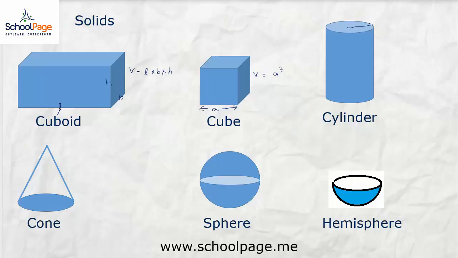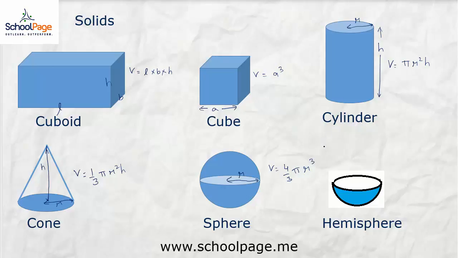Suppose R is the radius of the cylinder and H is its height, then the volume of the cylinder is given by pi r square H. If R is the radius of the cone and H is the height of the cone, then the volume of the cone is given by 1 by 3 pi r square H. If R is the radius of the sphere, then the volume of the sphere is given by 4 by 3 pi r cube.